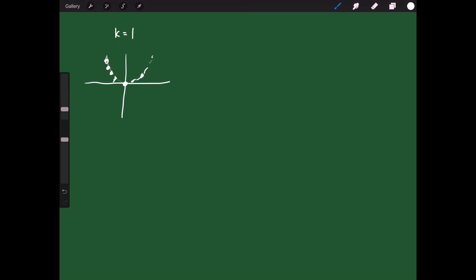I said I just get 2k over 1 plus k squared. If k is 1, this is 2 over 2, which is 1. So if I'm walking along this parabola to get to the origin, I'm going to get 1s all the way. So this limit, if it exists, it has to be 1.